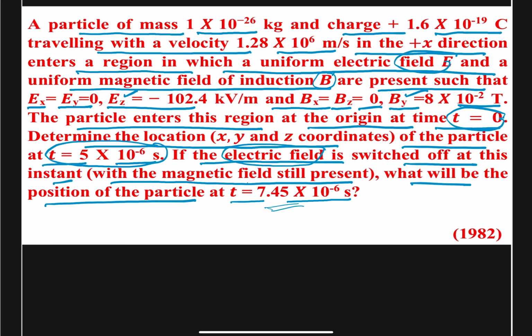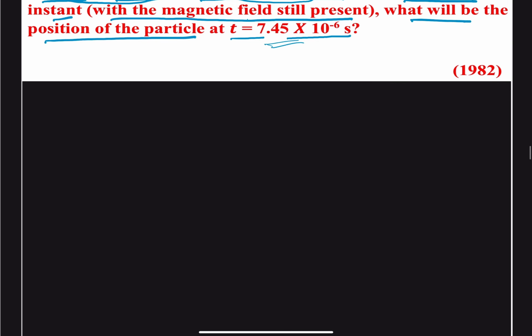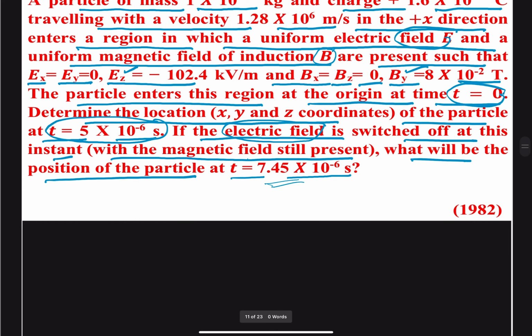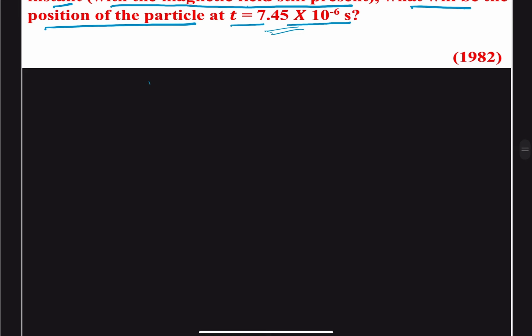Okay. So in this case, first of all, we can draw the basic representation in which all the fields are present. Suppose this is our x direction, this is our z direction, and we have a y direction something like this.